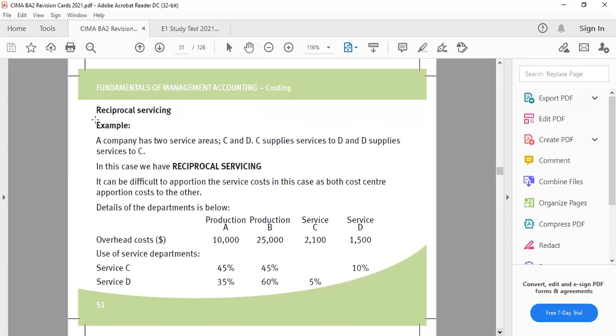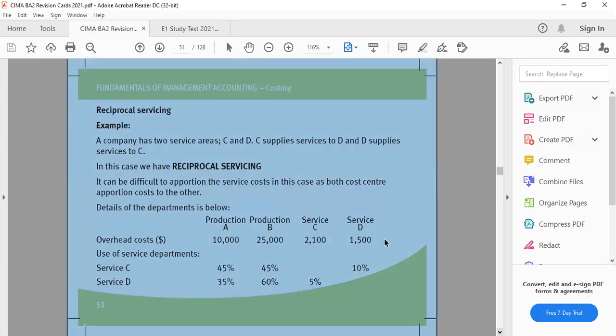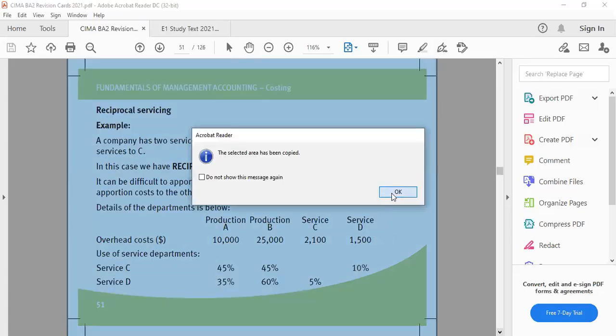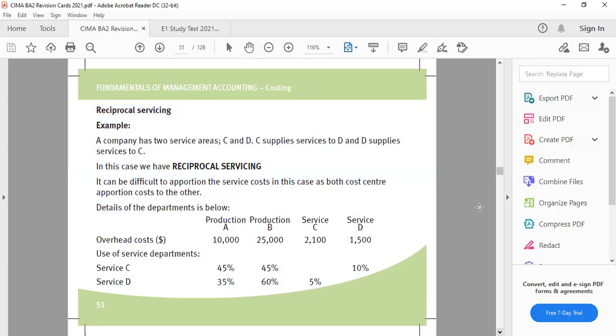Reciprocal servicing. The example says that there are two production departments, A and B, and two service departments, C and D. All of them have incurred overhead costs only. A has incurred 10,000, B 25,000, C 2,100, D 1,500, and the percentages are mentioned.